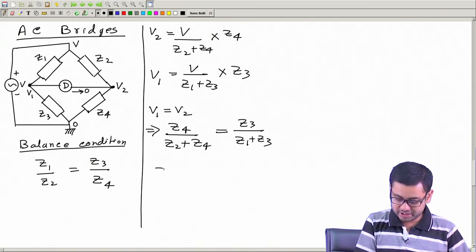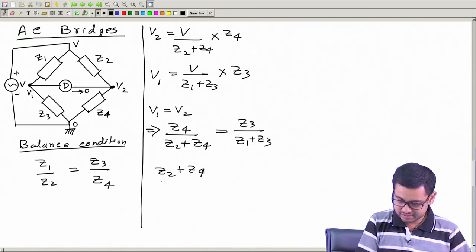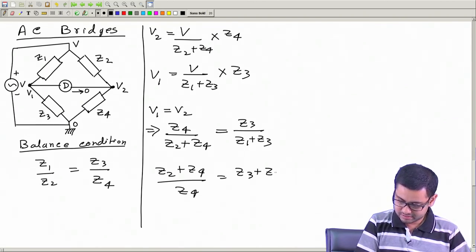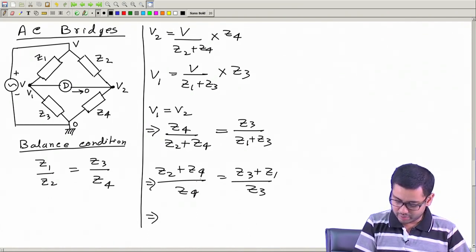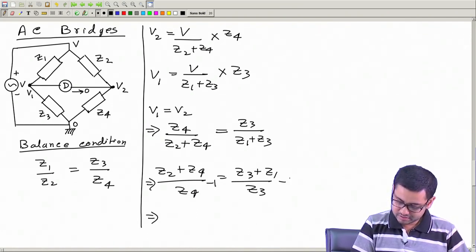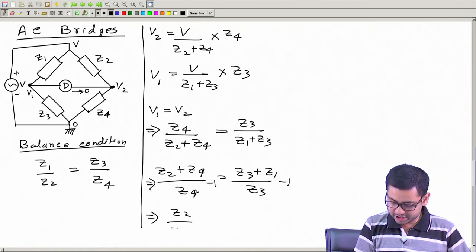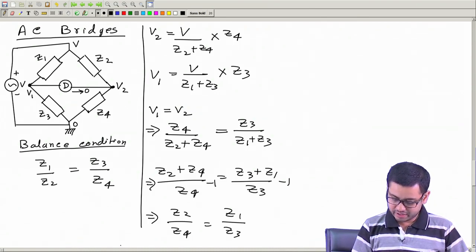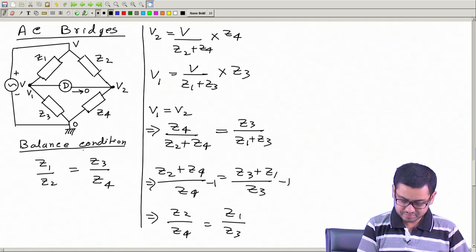Now, from this it is easy to write: take reciprocals and subtract 1, you will get Z2 by Z4 is the same as Z1 by Z3, or Z1 by Z2 is the same as Z3 by Z4.